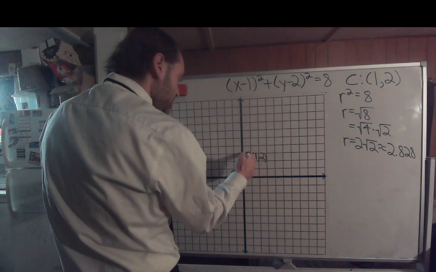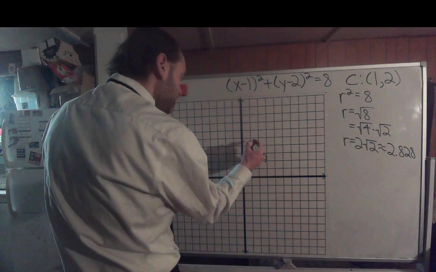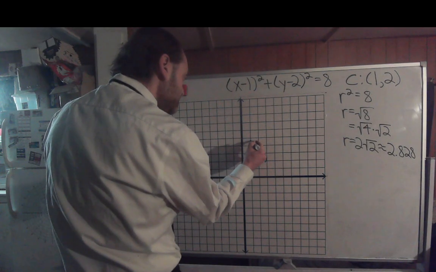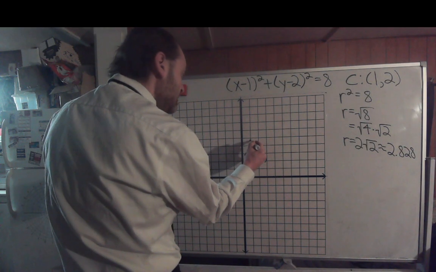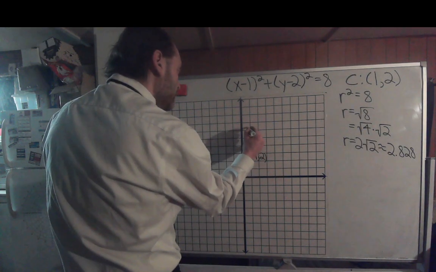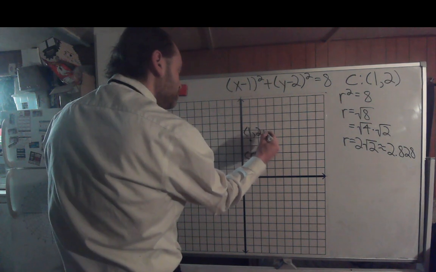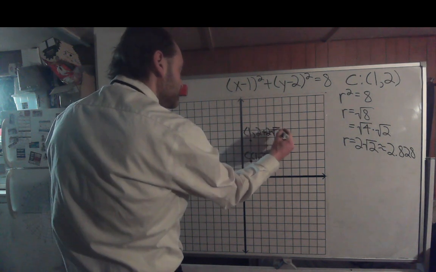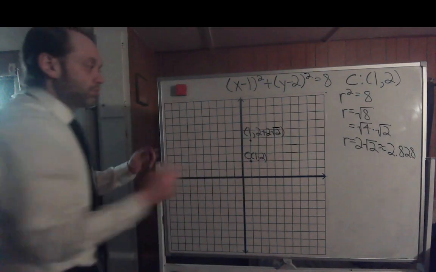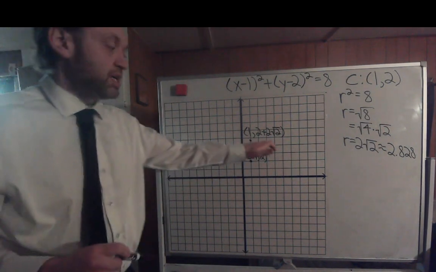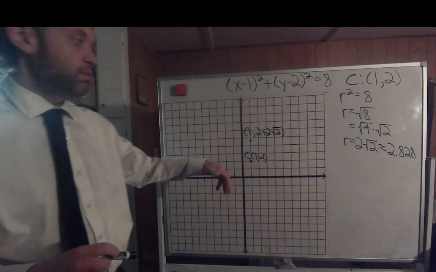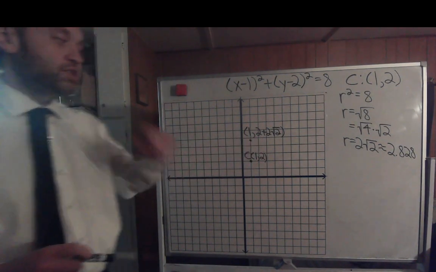So 3, 4, about 4.828. So you'll have the point 1, 2 plus 2 times the square root of 2. That's how you would write that. 1, 2 plus 2 times the square root of 2, which would be about 1, then 4.828.